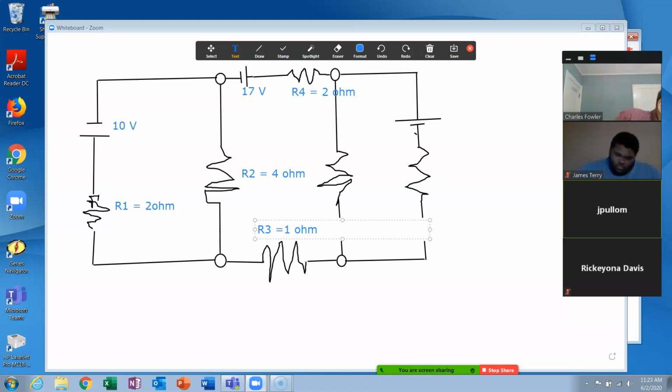Okay. Now here's my problems. Oh, I don't have a problem. Huh. Not a major one. This is junction 1.